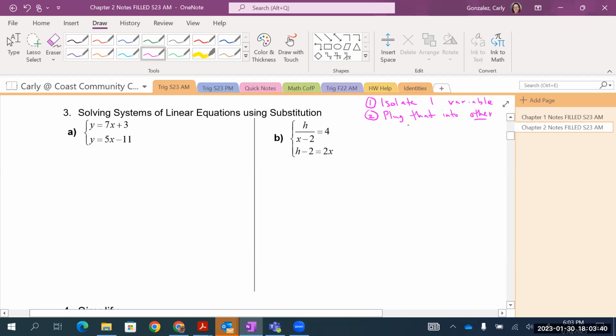And it's important that it's the other equation. We can't skip that. That's very important. And then we'll solve for a variable. You'll see something cool happens at that point. Then once we have one variable, we'll just solve for the other variable.